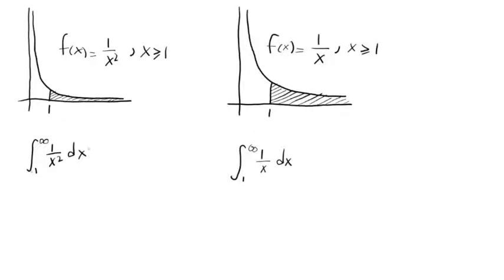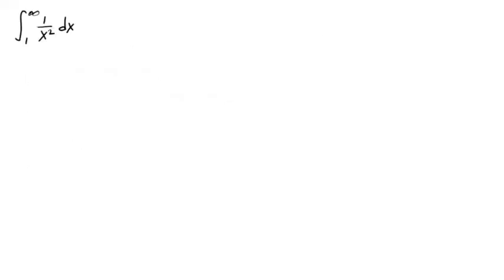So my first improper integral gets set up as the antiderivative from 1 to infinity, 1 over x squared dx. And to evaluate this, the first thing we have to do is turn this over to a limit. So I'm going to say the limit, now because it's the top bound that's infinite, I'm going to use b, goes to infinity, of the antiderivative from 1 to b.